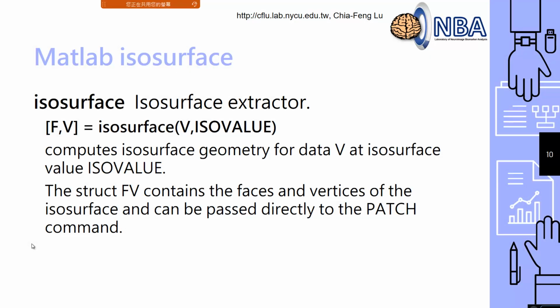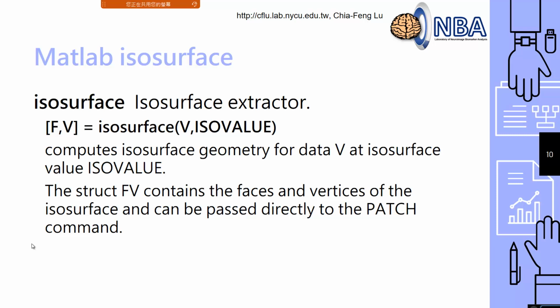Okay, so what you are going to learn for the very first part, you need to learn how to use this function, isosurface. Again, you should help this function later, but I just try to give you a quick hint right here. Of course, the function name is isosurface, all in lowercase, okay? And then you can give two inputs. The very first input, V right here, represents the imaging.